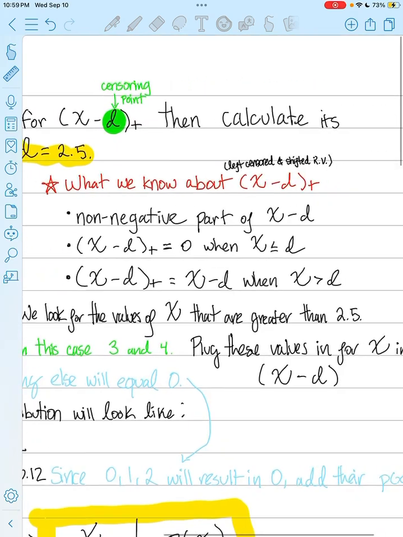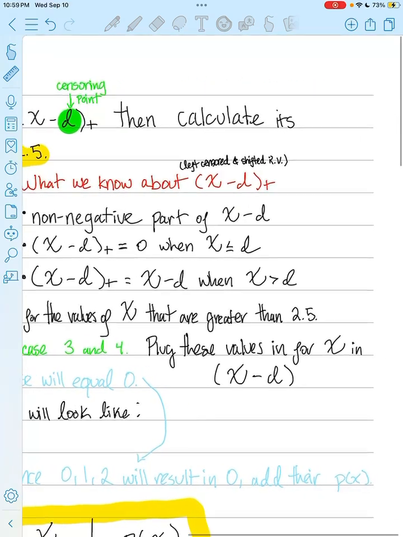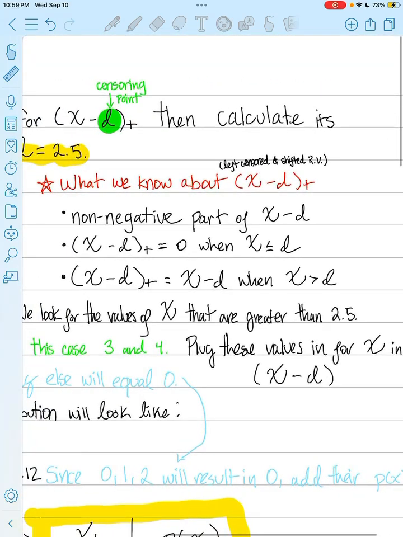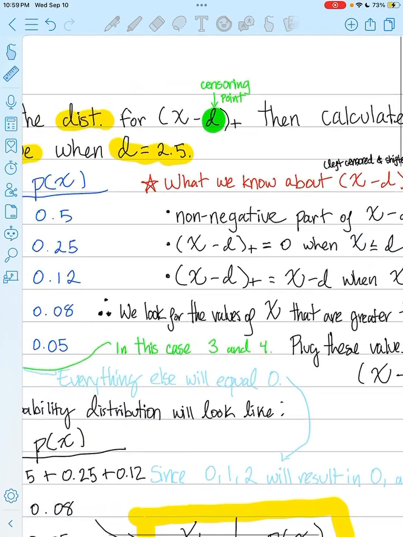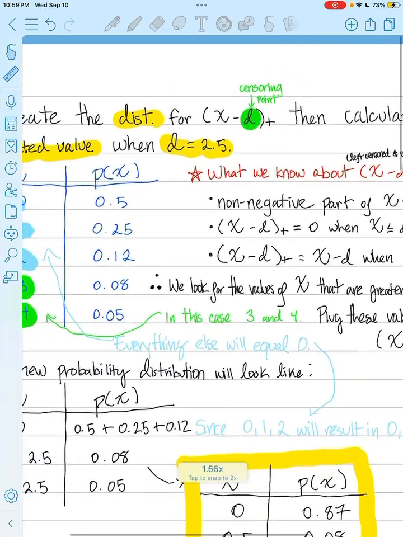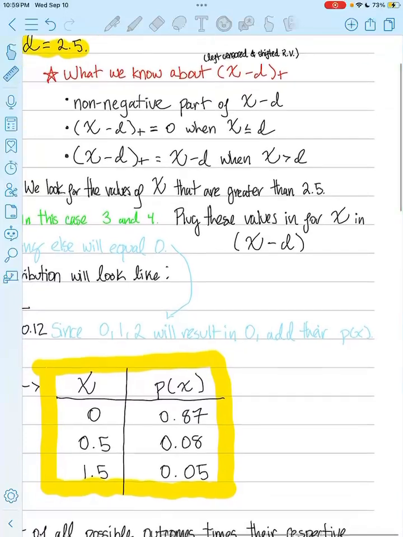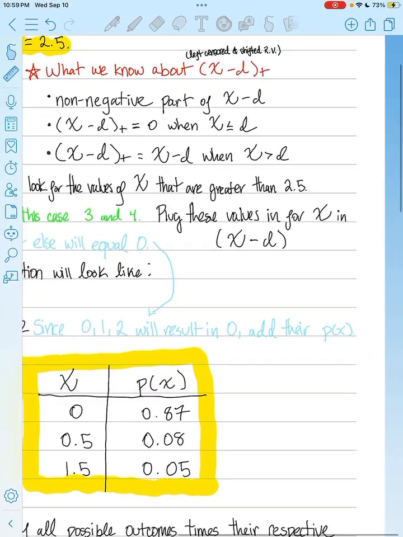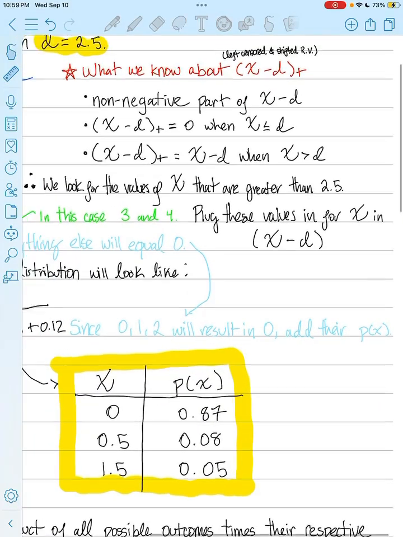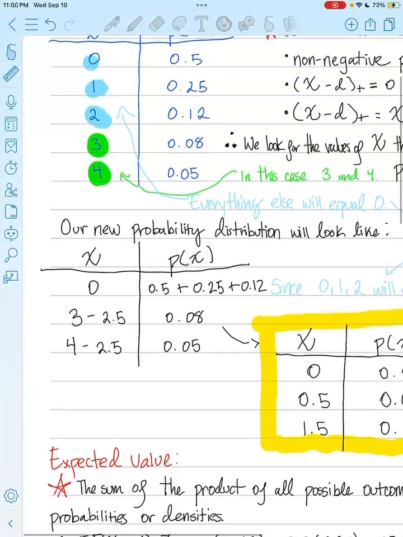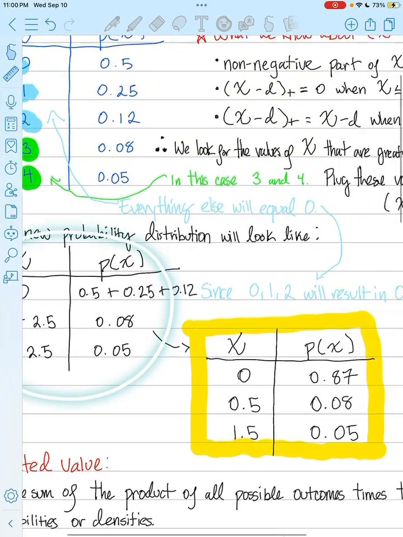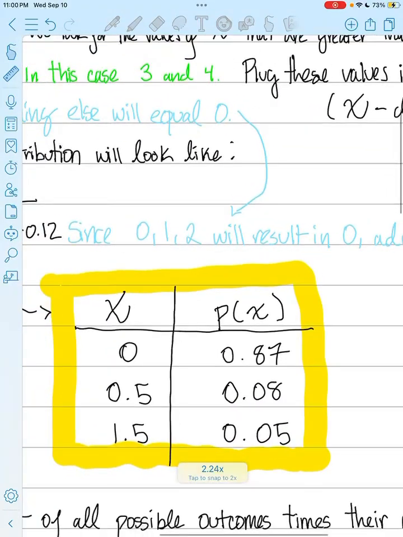Well, since they are less than 2.5, or less than d, then they would all go to 0. Also, since 0, 1, and 2 will result in 0, we add their probabilities. So after doing all this, we get this, and this would be our distribution.